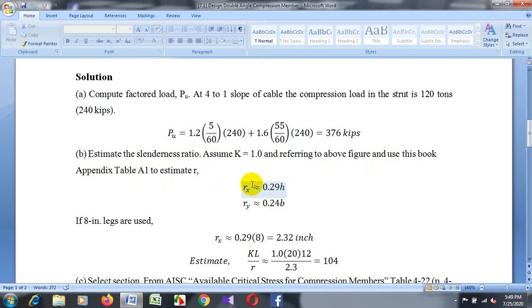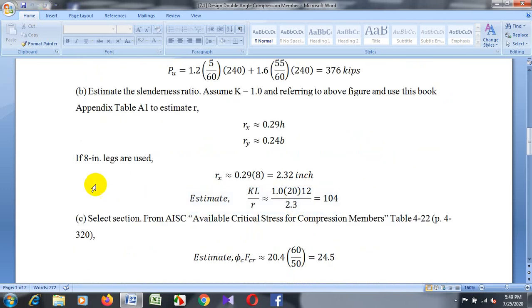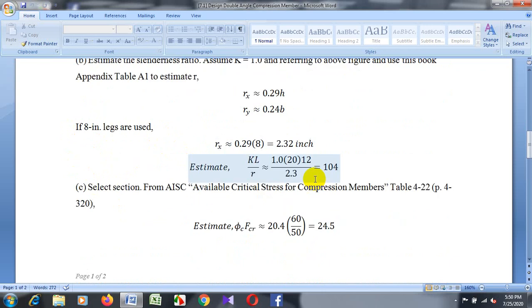Now, two are the rx and ry. rx equal to 0.29 B, ry equal to 0.24 B. If 8 inch legs are used, input the value into this equation with 8 and get 2.32 inch, and estimate KL divided by r equal to 104.